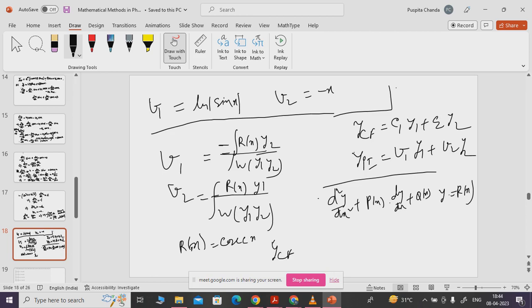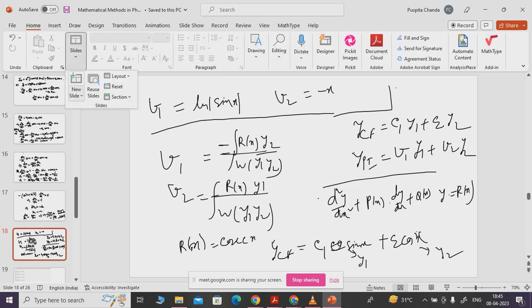And we have already obtained that our complementary function is c1 sin x plus c2 cos x, where sin x is y1 and cos x is y2.